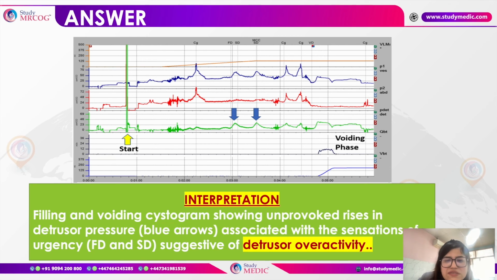So the diagnosis of this, since there are unprovoked rises in the detrusor activity, these blue arrows as we can see, and the patient is having strong desire to pee even at lower volumes. Okay, so this is a case of detrusor overactivity.